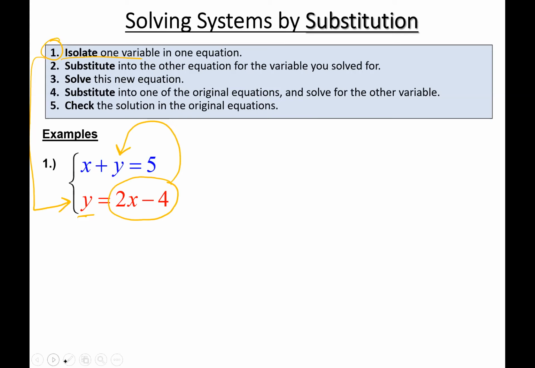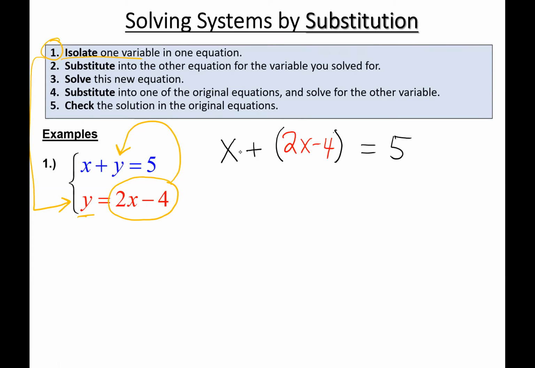So I'm going to rewrite that first equation, but instead of writing x plus y equals 5, I'm going to write x plus, leaving a space, writing some parentheses, equals 5. And in that blank space, I'm substituting for y. So instead of writing y, I'm replacing y with 2x minus 4 from that second equation. So because y equals 2x minus 4, I'm substituting y with 2x minus 4.